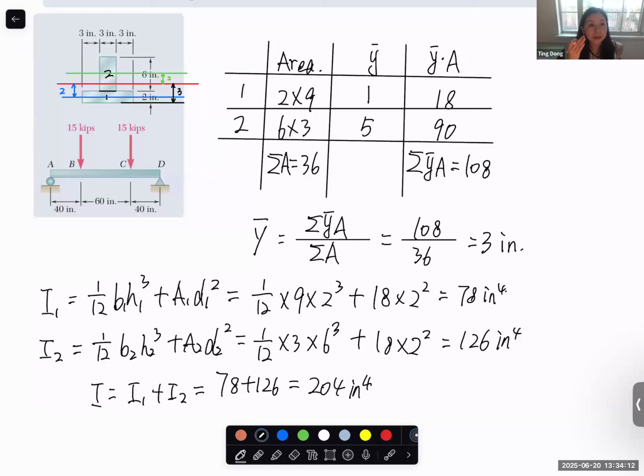Where is the location that has the maximum tensile stress? Where is the location that has the maximum compressive stress? Would the maximum tensile be at the bottom and the maximum compression be at the top? Yes, yes.